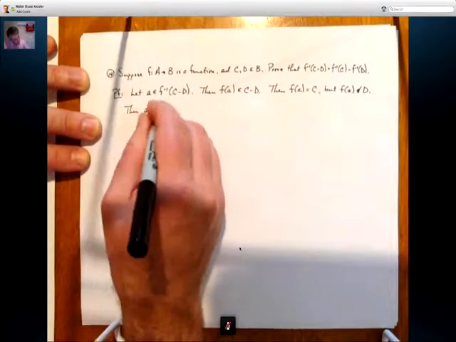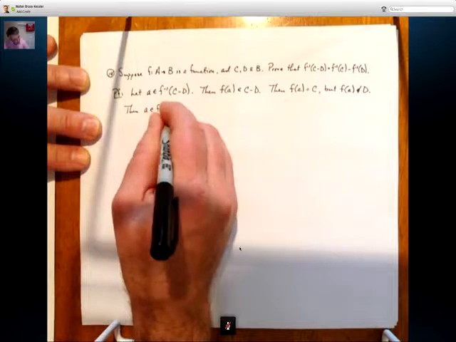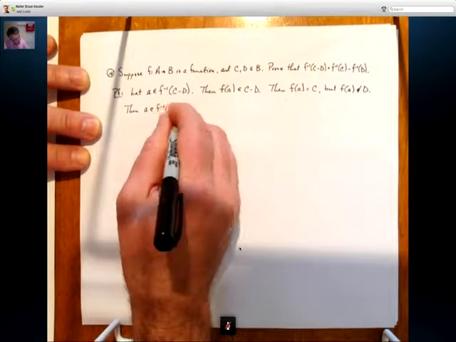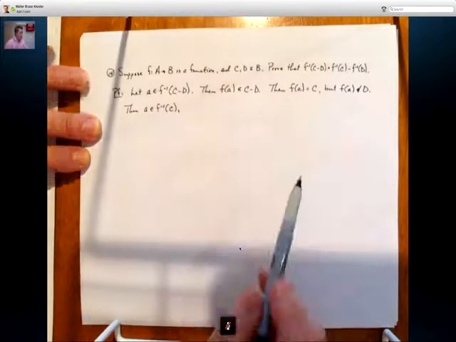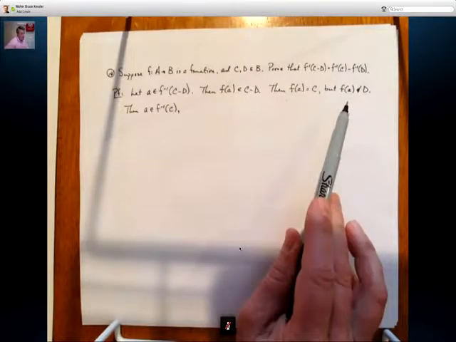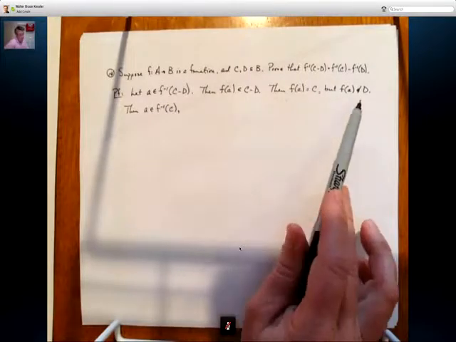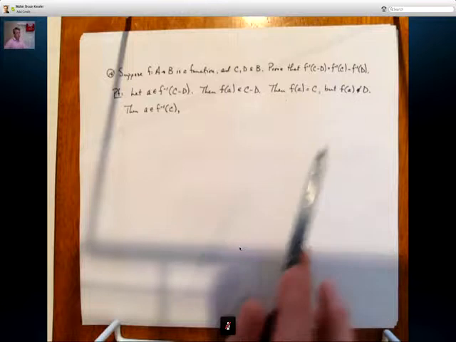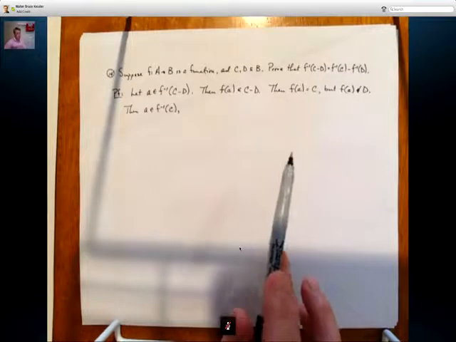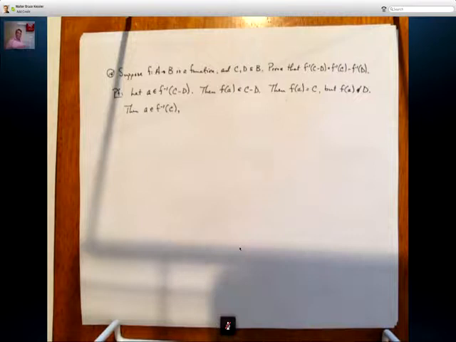Well, then it's pretty clear that A is in the inverse image of C. And then what we're saying is that since A does not get mapped to D, there's no way to get back to it. Let me do it the correct way. Here's my A, here's my B. If A got mapped to D, then there'd be a way back.